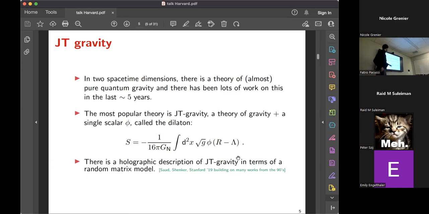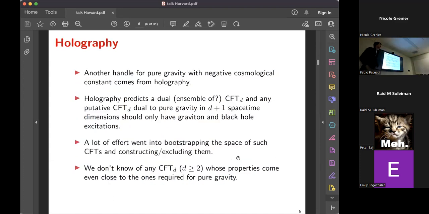Usually the interpretation is that this phi comes from dimensionally reducing from 3 dimensions, basically the g phi phi component of the metric, the internal dimension. I don't know how useful that is, but maybe someone has studied that.